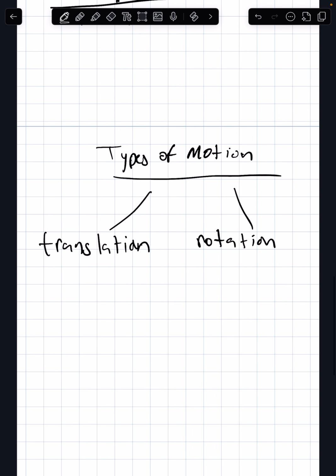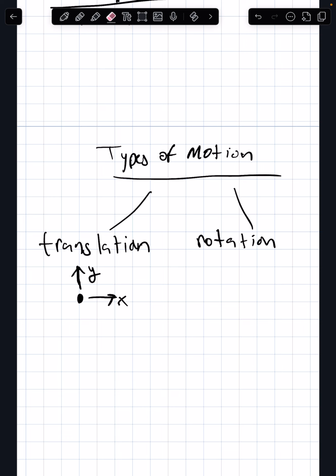So basically what translation is, you have this particle, and then you can move in the, let's call it x direction, right? Just for the sake of notation. And y direction, right? So it could translate either in the x direction or y direction.